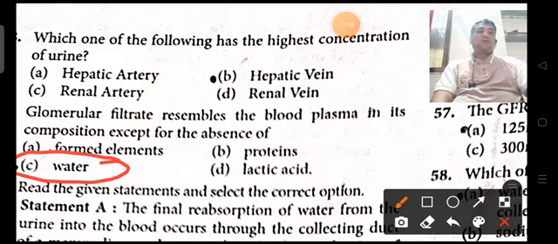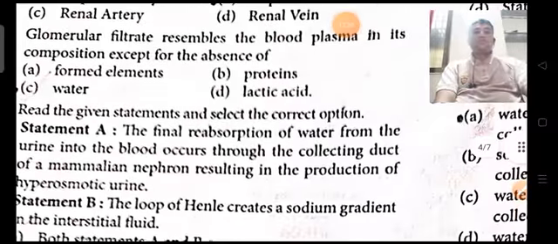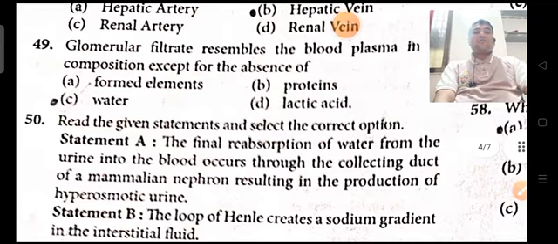So the GFR and blood plasma are almost the same, but water content is generally less in glomerular filtrate. So when you are reading the statement 50, read the given statement and select the correct option.